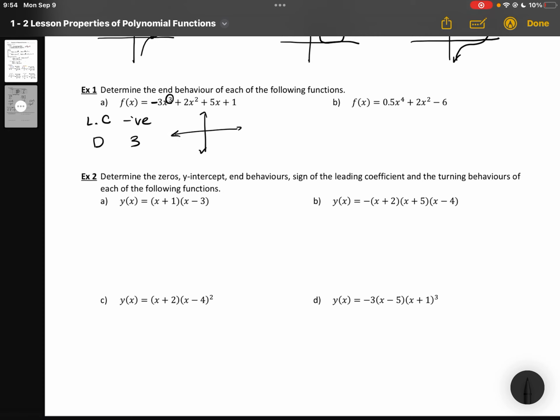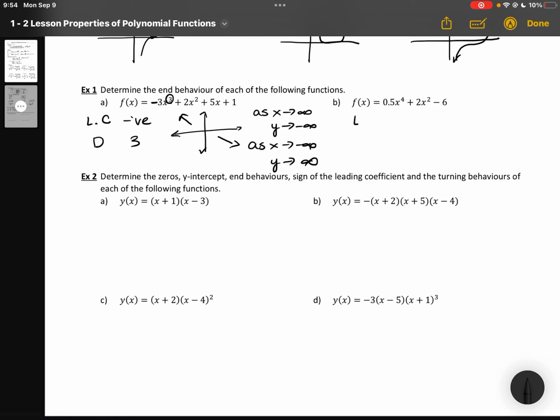So our function is finishing in opposite directions and it is negative. So I'll write it both ways here. We've got the little graph to represent what is happening as x goes to negative infinity, y is going to go to positive infinity.